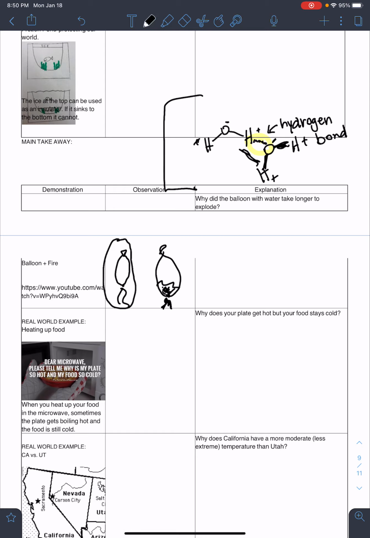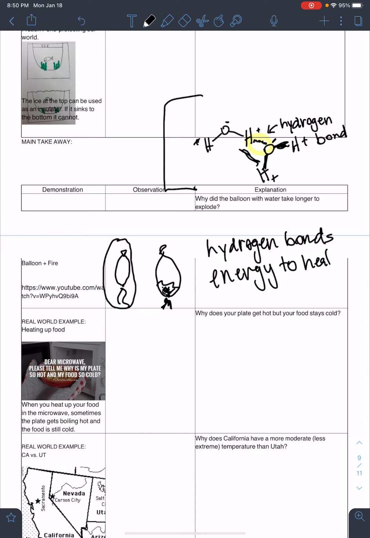So on here, to explain why it would take longer, you can talk about the hydrogen bonds and how the energy is going to the water, not the balloon. All right, hopefully that made enough sense for you guys. If not, email me with questions.